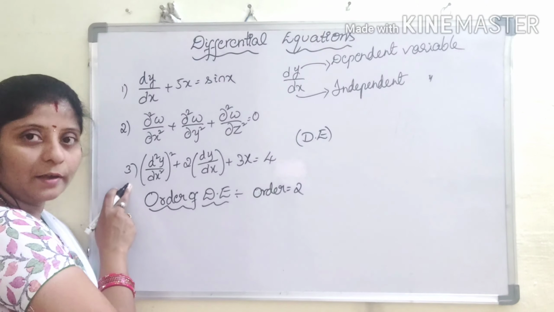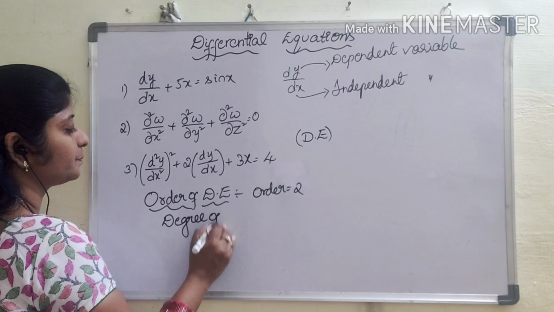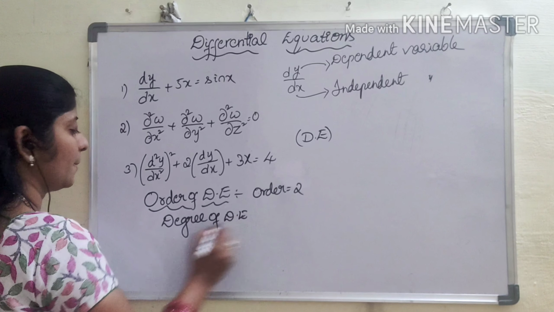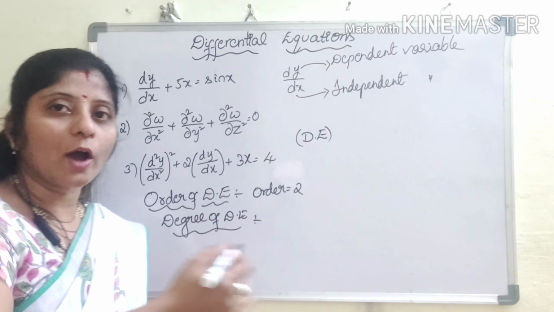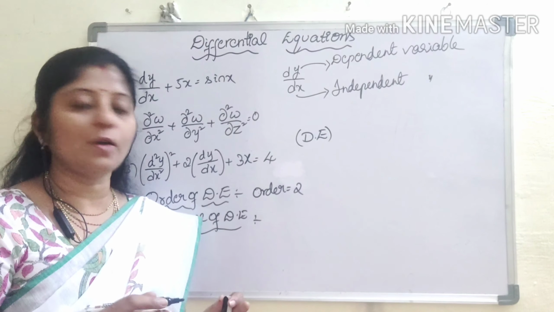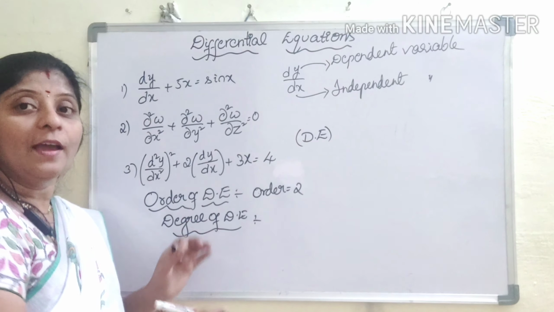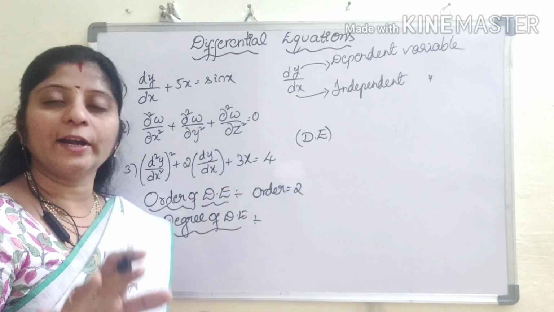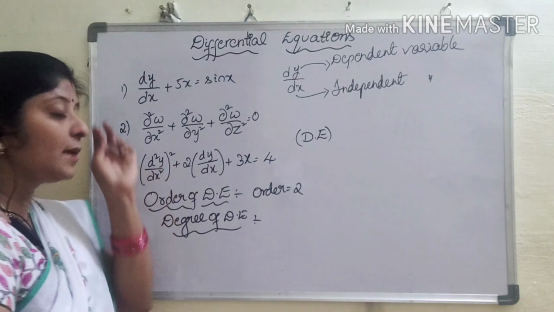For the third example, now we will see the degree of DE. The power of the highest order derivative is called the degree of the differential equation. That means if we have the second order derivative, the power of the second order derivative is called the degree.